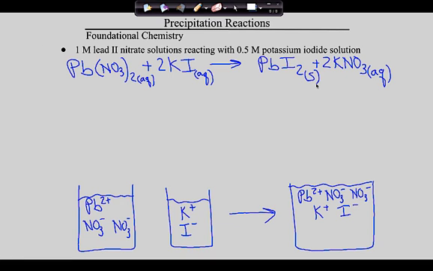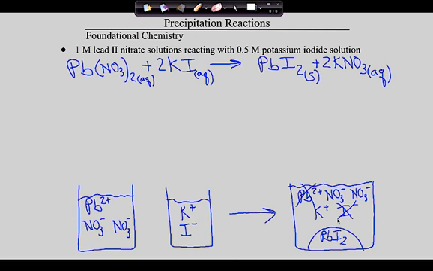Guys, we know that the lead iodide does not remain dissolved in solution. It's a precipitate, and where does it go? To the bottom. So literally what you're going to do is draw a pile, and you're going to put PbI2 down in the pile and cross it out of up here, because the PbI2 is on the bottom. It's a precipitate.